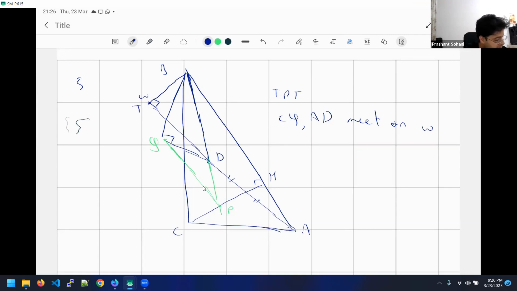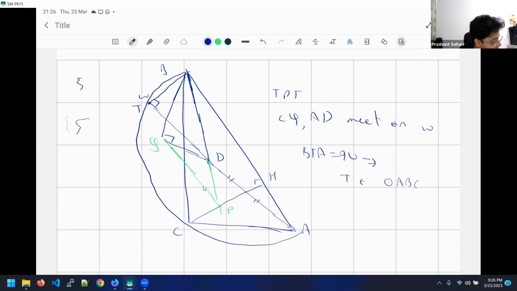Given that VTA is 90 degrees, the point T also lies on the circumcircle of triangle ABC. So we can construct the problem the other way around: extend AD, let it meet the circumcircle at point T, and then we have to show that T, Q, C are collinear.